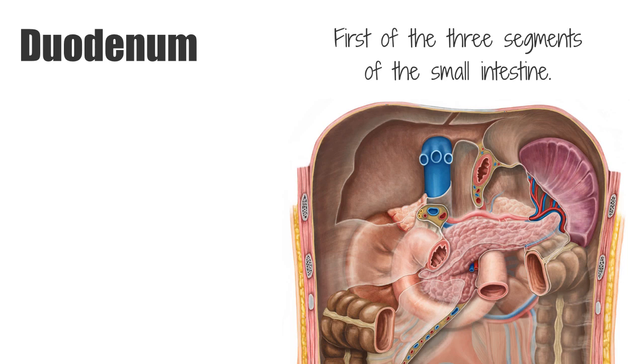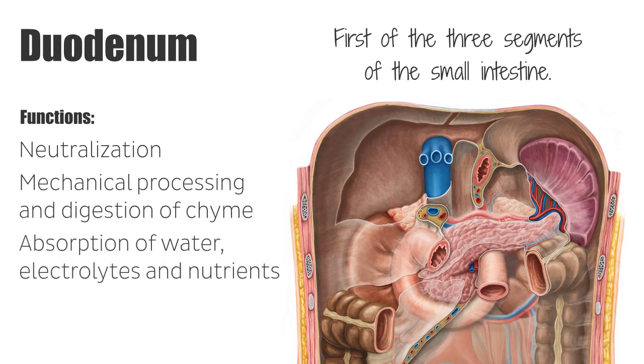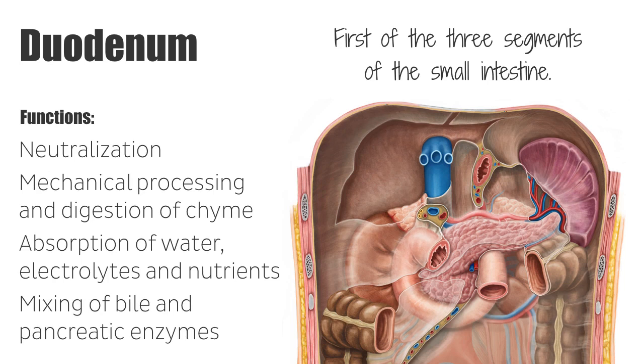This part measures about 20 to 25 centimeters in length, and the main functions of the duodenum include the neutralization of acidic gastric juices, mechanical processing and digestion of chyme, absorption of water, electrolytes and nutrients, and mixing of bile and pancreatic enzymes to aid in the digestive process.